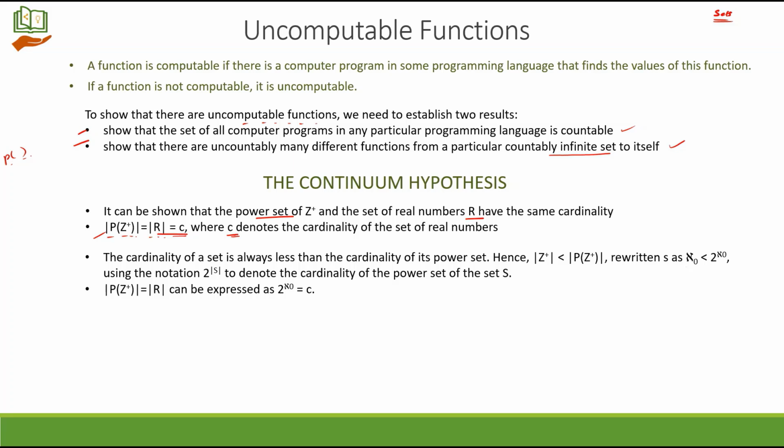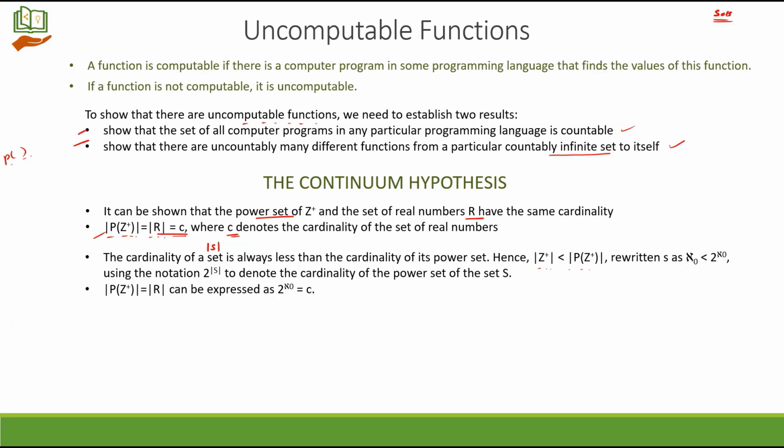The cardinality of a set is always less than the cardinality of its power set. If we take a set S, then this will be the cardinality notation. So the cardinality of the set of positive integers is less than the cardinality of the power set of positive integers.